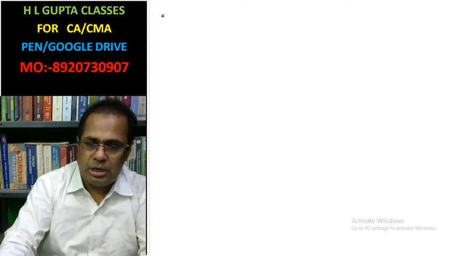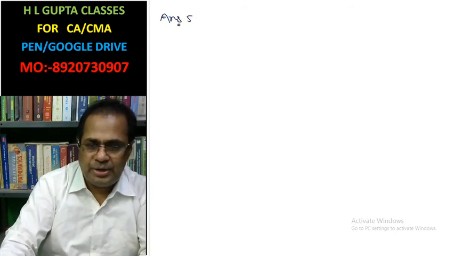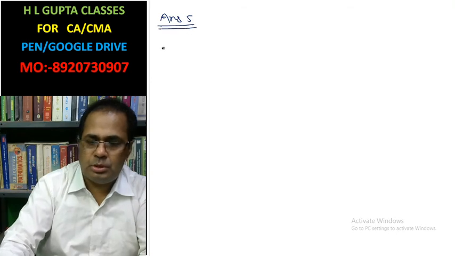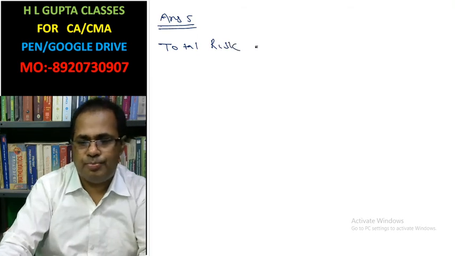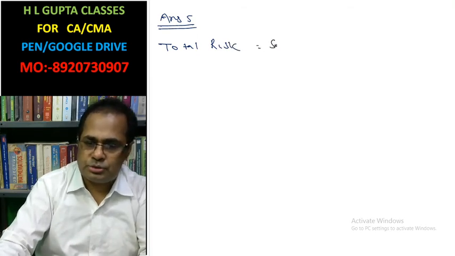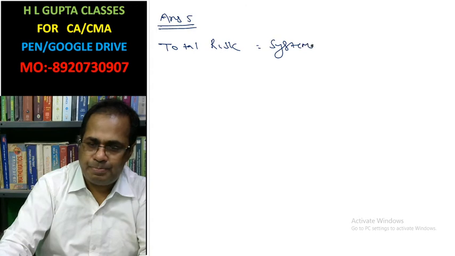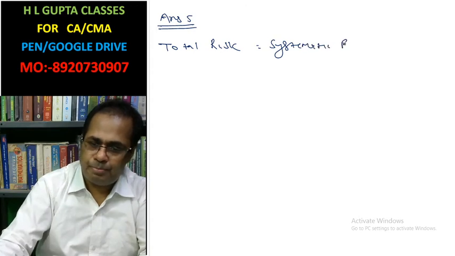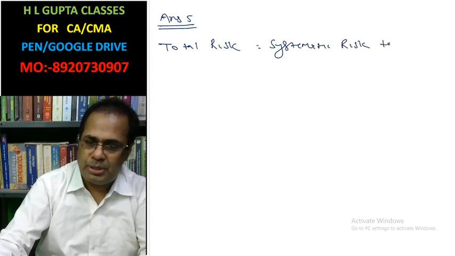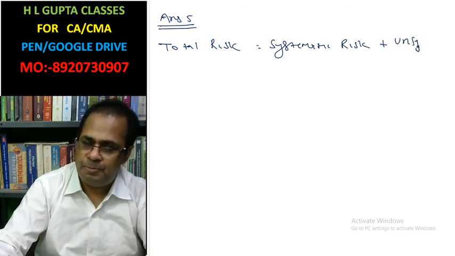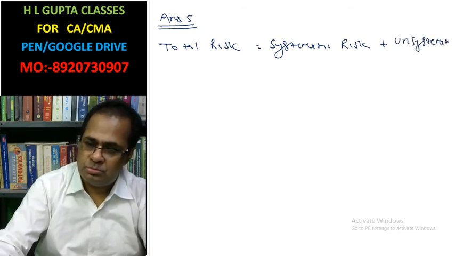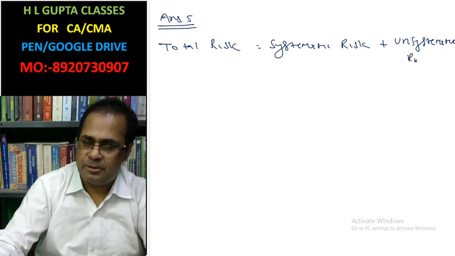Now the answer of the fifth part. Total risk equal to systematic risk plus unsystematic risk.